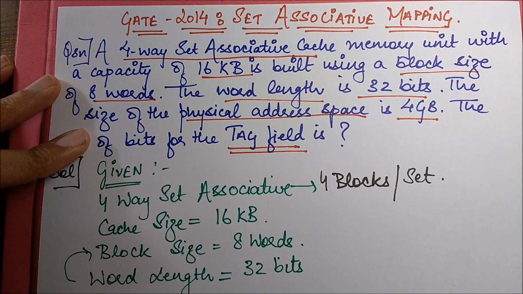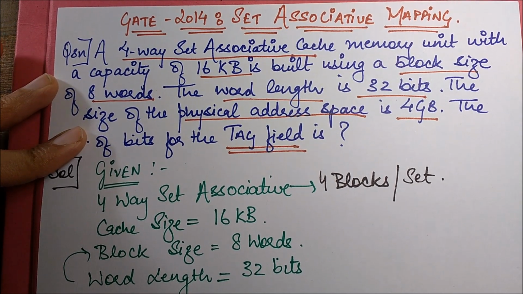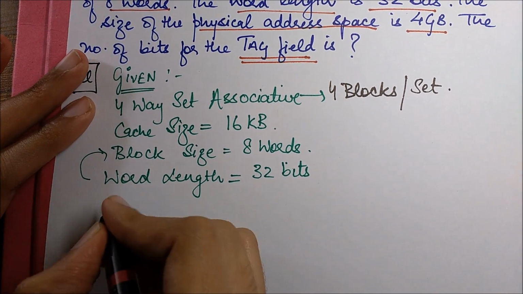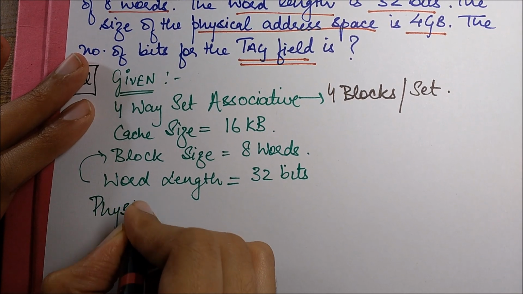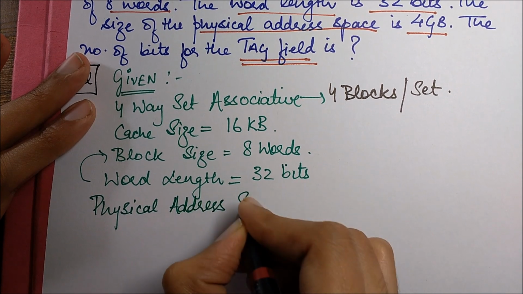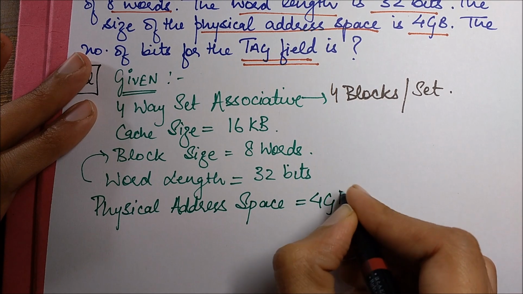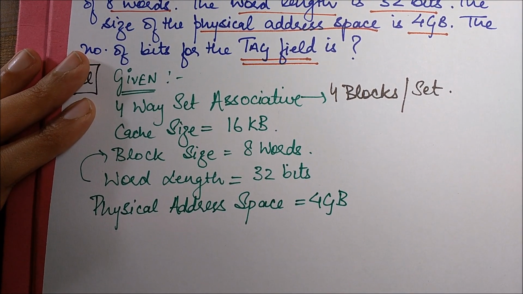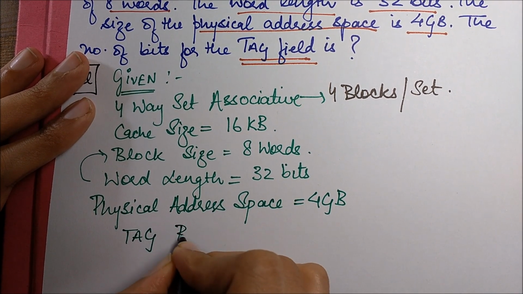And the size of the physical address space is 4 gigabytes. And finally, what do they require? They require us to find the tag bits.